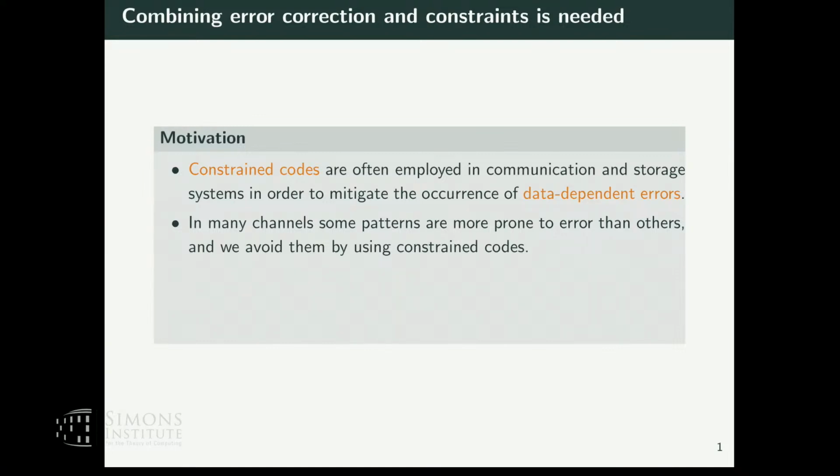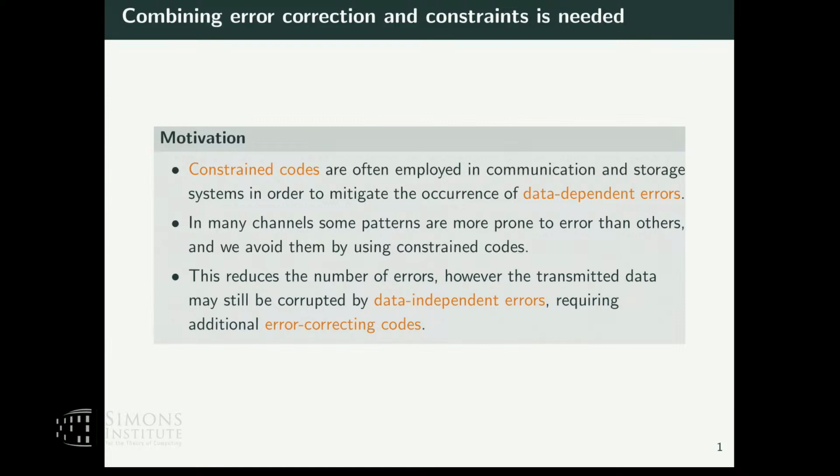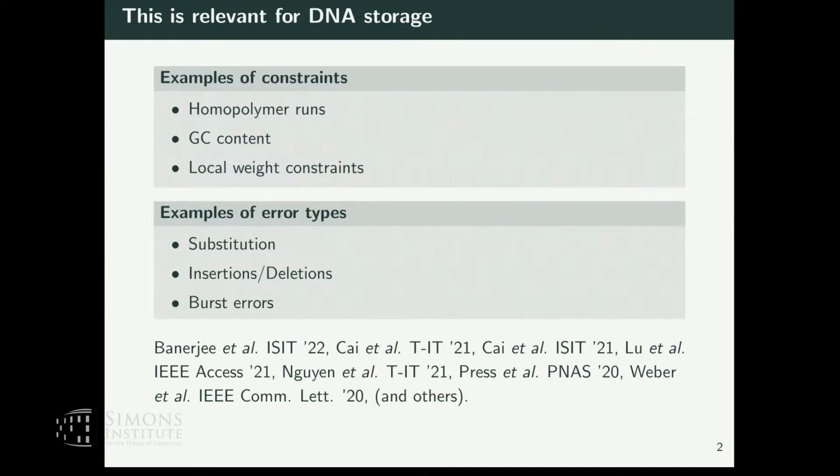And then we would like to avoid them, theoretically landing us in this zone of no noise whatsoever. But that is probably not really the case in the real world, and this only reduces data-dependent noise, maybe eliminating it altogether, but there's still data-independent noise that requires additional error-correcting capabilities. The question is, how do we connect the two?